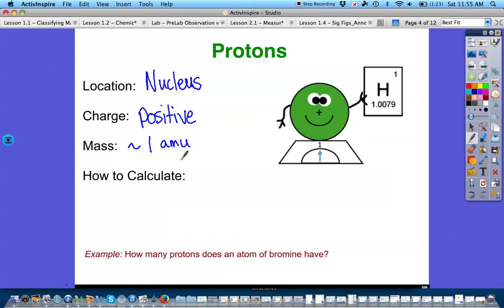AMU stands for atomic mass unit. To calculate the number of protons, it is equal to the atomic number.